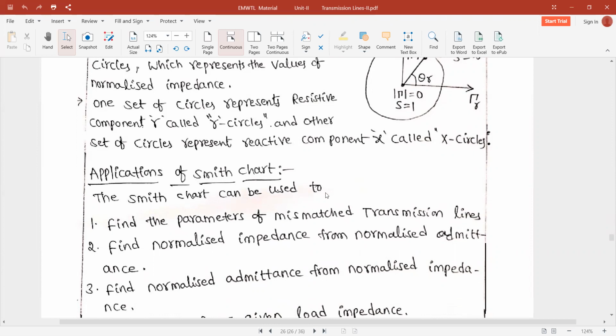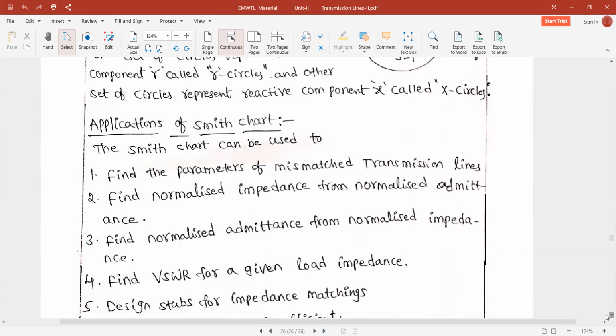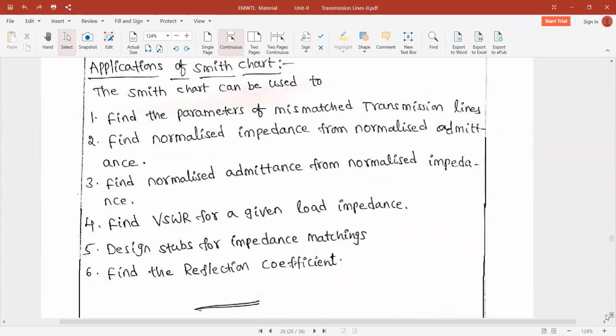These are the applications of the Smith chart. It is used to find the parameters of mismatched transmission lines, and to find the normalized impedance from normalized admittance. First you can find the admittance, then you can find the normalized impedance, or vice versa.